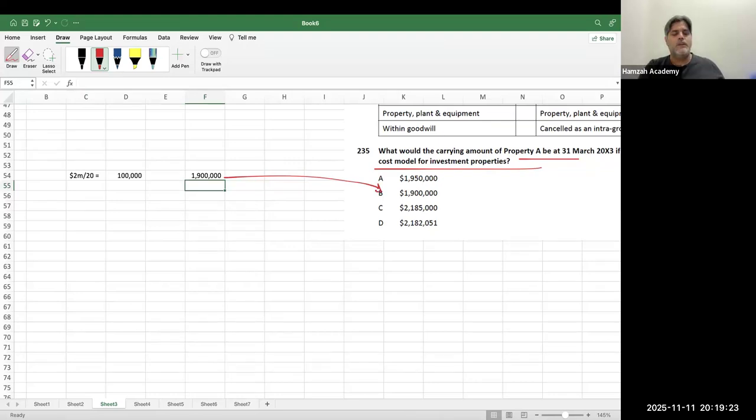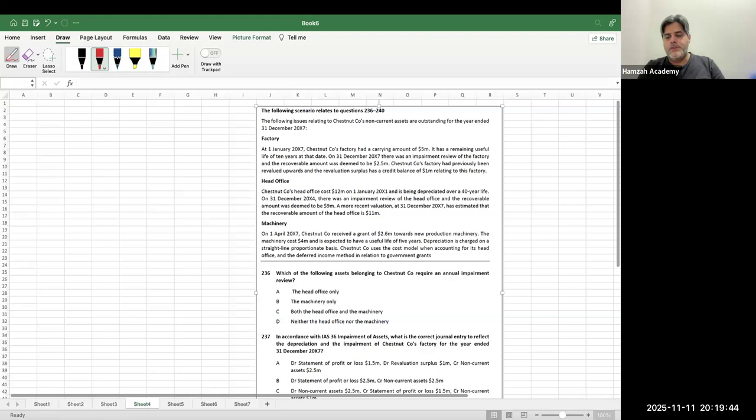Because if it's a cost model, then obviously it would have been straight away this one over here. All right, I hope it's clear to you. Okay. Moving ahead, let's see the other question.